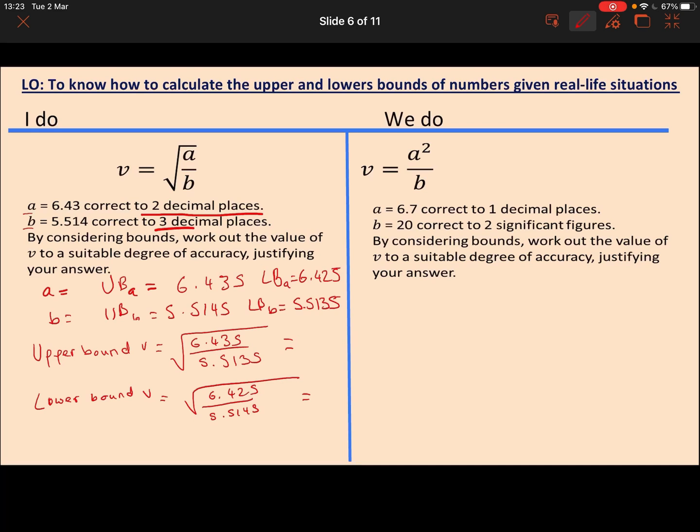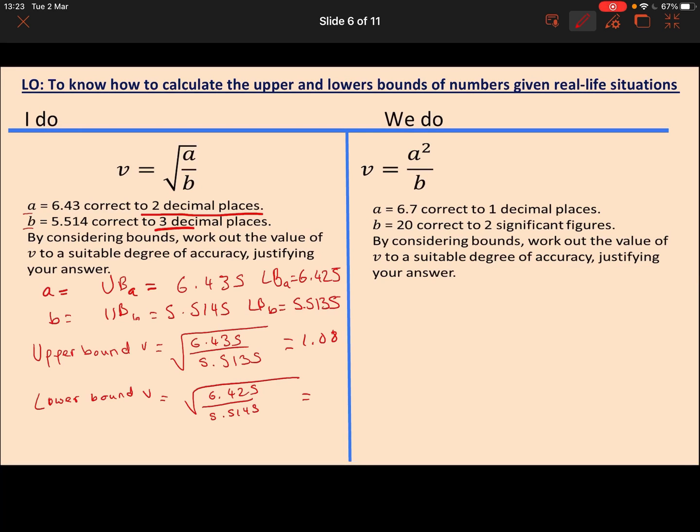Okay, and if you can actually do it yourself as well to see if I am correct. So I'm going to do the first one. And that gives us 1.08.